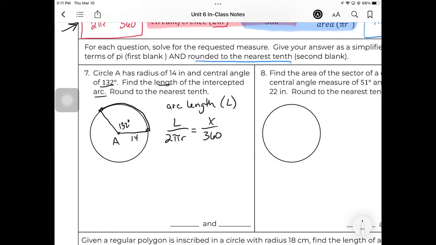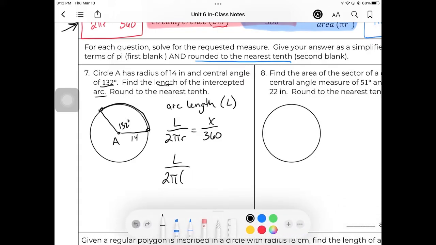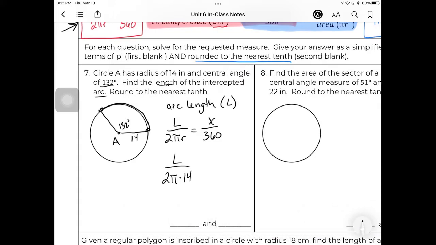I've got a radius of 14, so that goes into the 2 pi r. I still have my L for arc length, but instead of 2 pi r, I'm going to do 2 pi times 14. You can use parentheses for that, or you can just do times 14. That has to equal this angle measure, 132, out of 360.